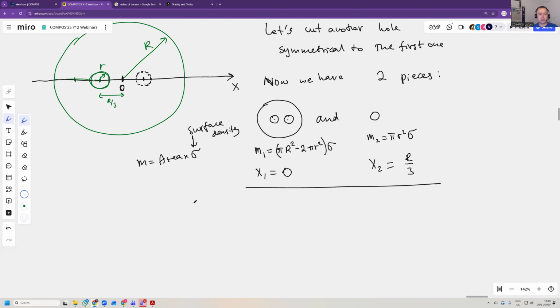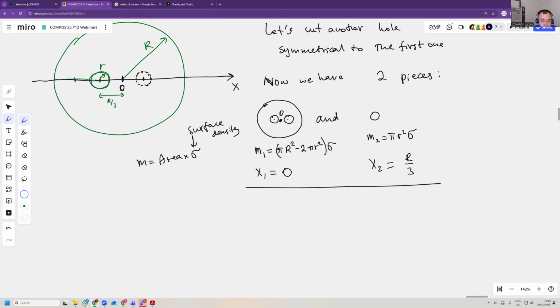Do you understand this one? So how well do you understand on a scale of 0 to 10? Do you understand what I just did? I found the center of mass of this piece, 0, and the mass is equal to the area multiplied by sigma.